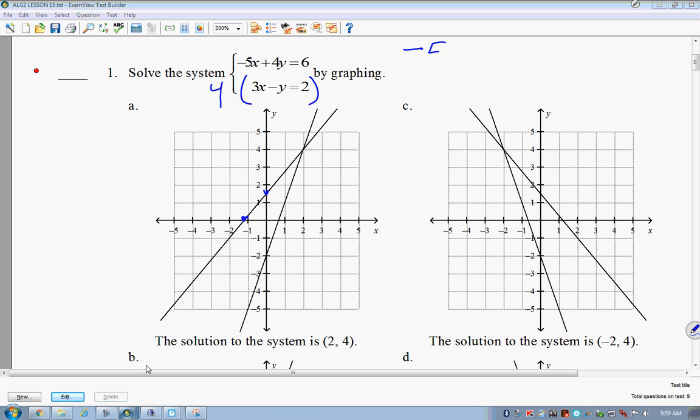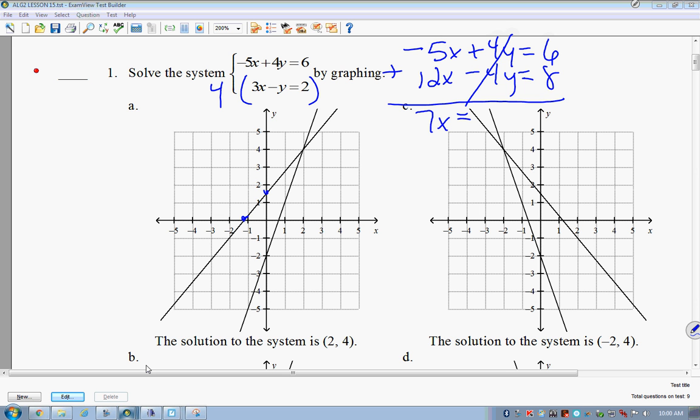If I've got negative 5x plus 4y equals 6, and I multiply all of this by 4, that gives me 12x minus 4y equals 8. Whenever I add these two equations together, I can cancel out those y's. Negative 5 plus 12 is 7x, and 6 and 8 is 14, which means the x-coordinate where these cross is 2.